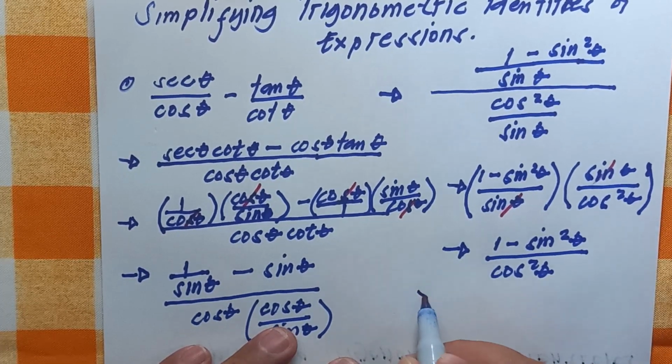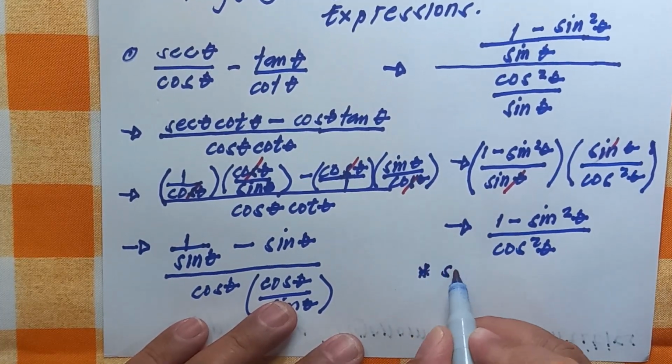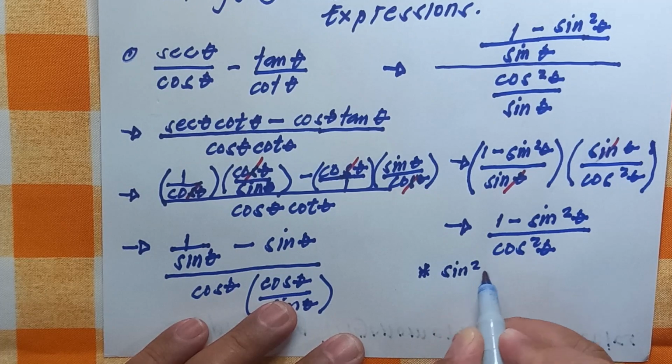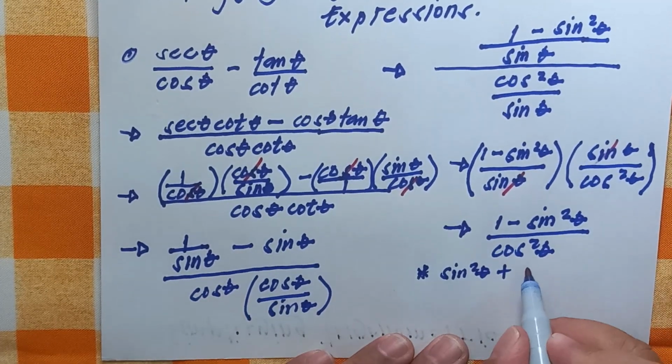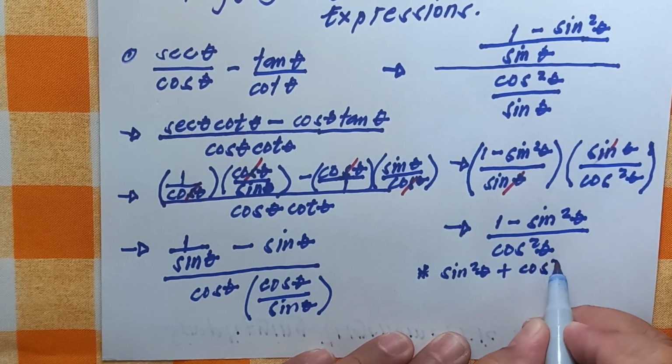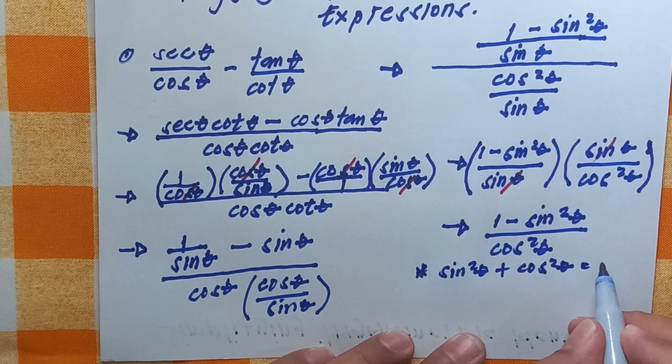Now let's try to consider the Pythagorean theorem in here. That is sine squared theta plus cosine squared theta will give you 1.